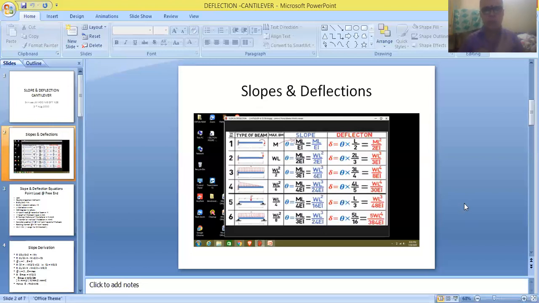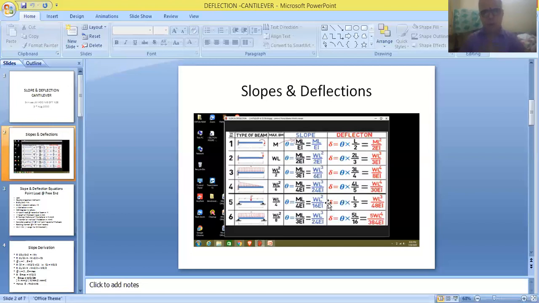So friends, this table is very essential for memorizing different beams, and also different loads acting on these beams, and also its bending moment values, slope values, and finally deflection values for different beams under different conditions.